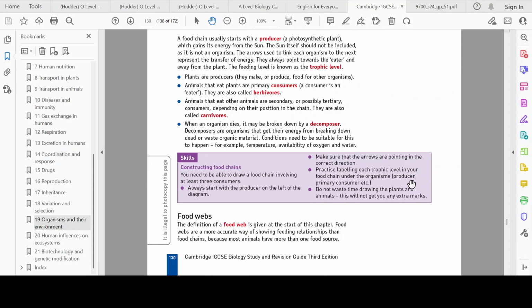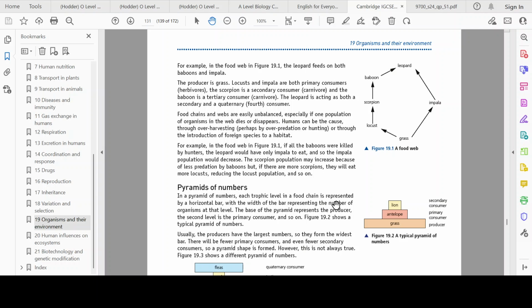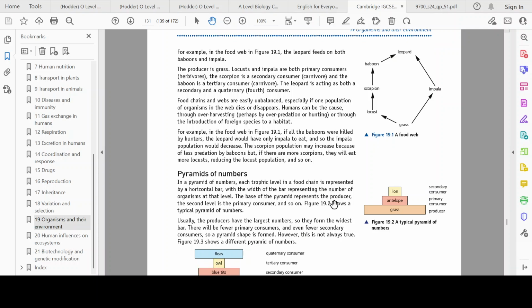And so when you put multiple food chains together, you get a food web. So food webs are a more accurate way of showing feeding relationships than food chains because most animals have more than one food source, right?